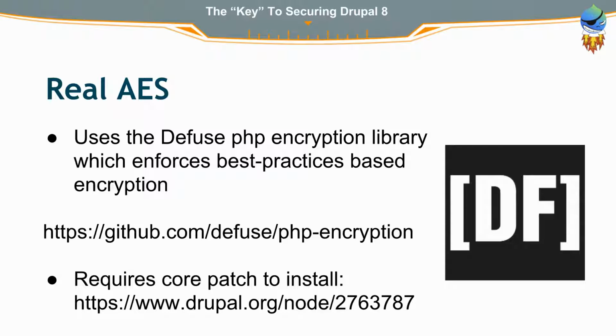We're trying to get away from that just because it's not the most secure solution right now, and there are much better options out there. It's not that it's bad, it's that AES is better. One of the nice things about Defuse is that it enforces best practices. If you try to pass a weak key into Defuse, it'll reject it. It'll do some checks along the way to make sure that you're actually using AES and doing encryption properly, rather than letting you potentially do it wrong.